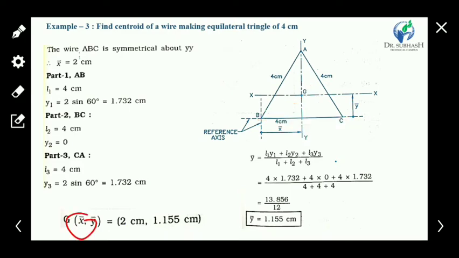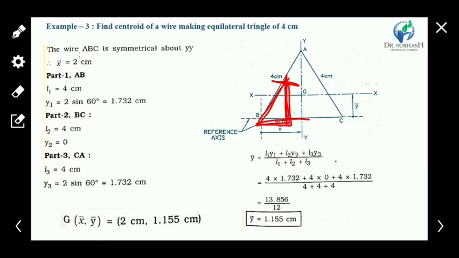Now we have to find y bar. So we only have to find the values of y1, y2 and y3, not x1, x2, x3. L1, L2, L3 are the same, 4 centimeter. Now we have to find the value of y1 for line AB. It's the vertical distance from the base, so we find it with the help of trigonometry.